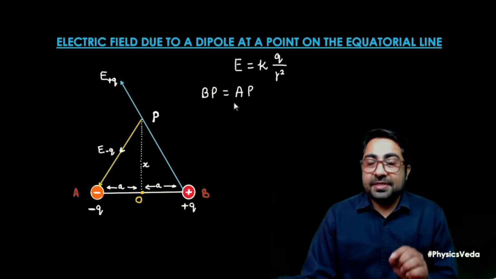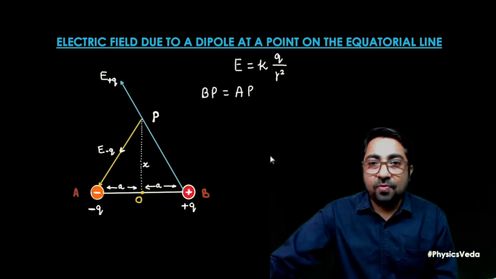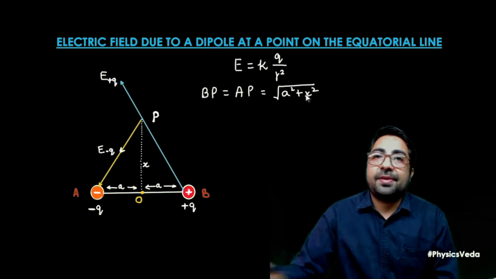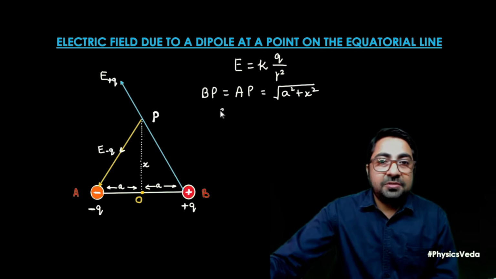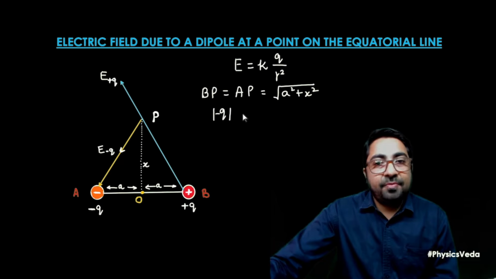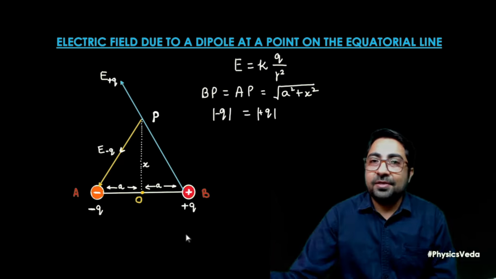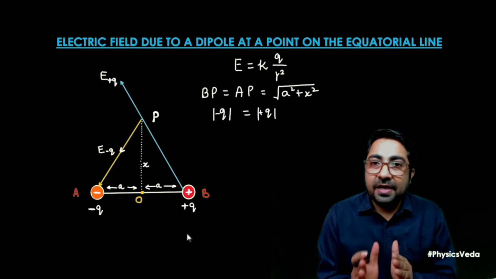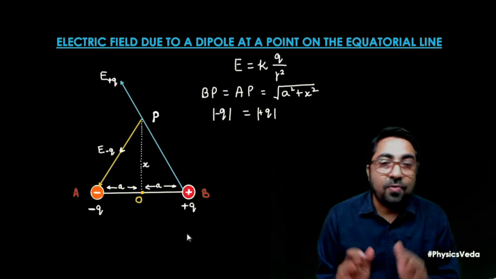So the distances BP and AP are equal, and each is equal to the square root of a square plus x square. Also, the magnitude of the positive charge and the magnitude of the negative charge are equal. So it is clear that the electric field intensity magnitudes are equal.